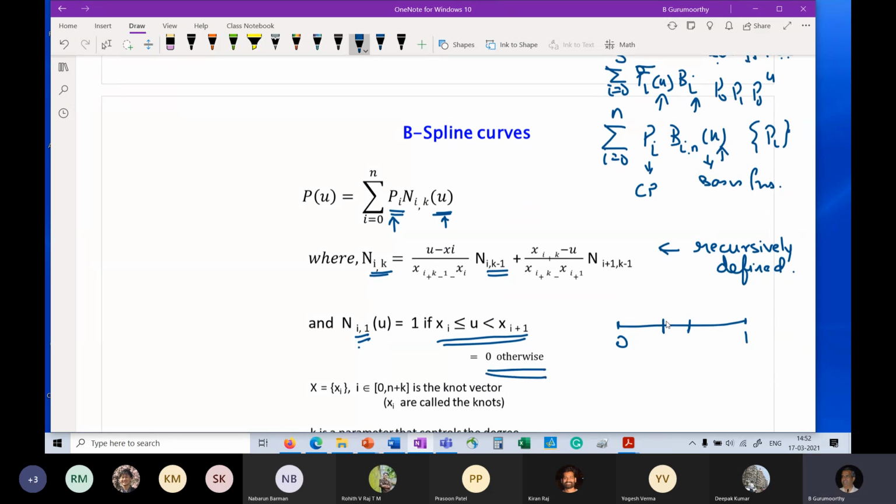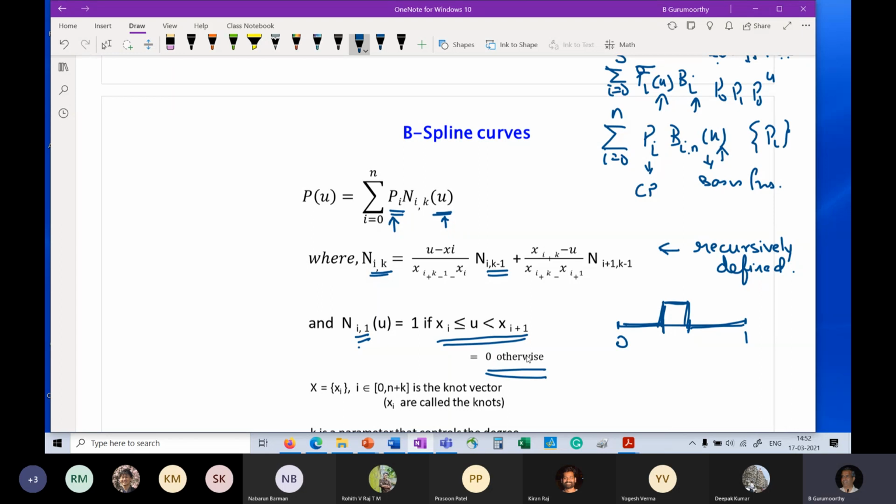Which means that the function is only defined here as a step, and elsewhere it is 0. So those are the two big differences: first, the function is recursively defined, and two, it is not defined everywhere. It is defined only over a certain interval of the parametric space.